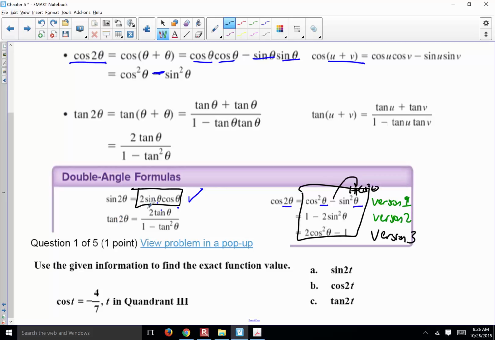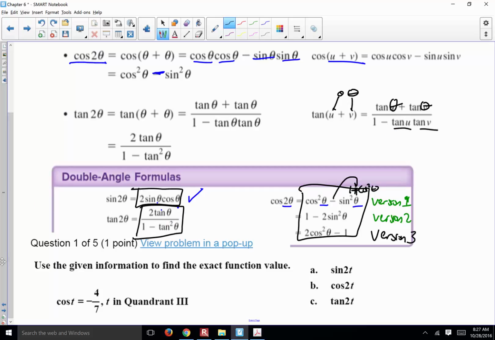For tangent, there is one option, 2 tan over 1 minus tan square. And here is how they obtain it. Again, they used the formula for tangent. They replaced by the theta here and got this, because these are matching, same thing. You have twice of them, and this is the same, multiplying, so tangent square.